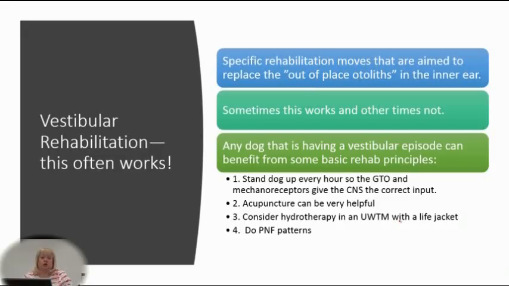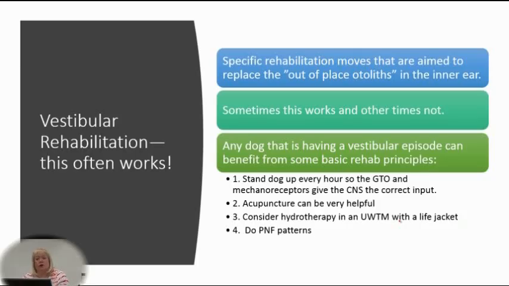It helps the dog to remember which way is up. So even if the head is spinning and the dog is wanting to roll, you have to try to get the dog, stabilize the head, stand him. And someone can hold the dog in that standing position for 3 to 5 minutes. And that's generally what I have my technicians do when I get one of these dogs that comes in.